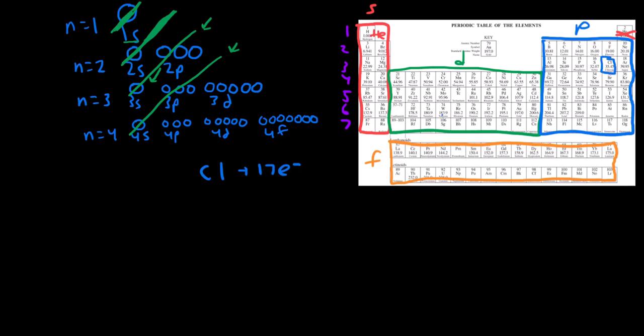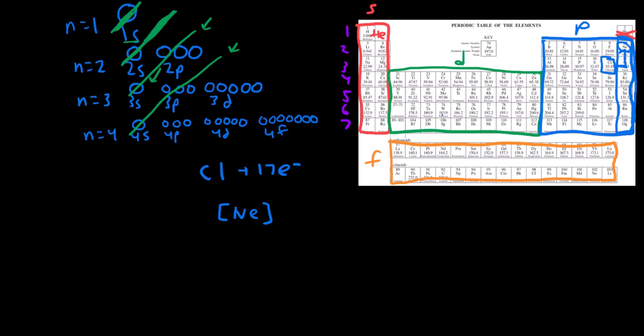We're going to go across up to this column of noble gases, which is the last column in the periodic table. So we're going to go across and we're going to go up to find that it's neon again. That's going to be the noble gas. So we're going to write neon in brackets.